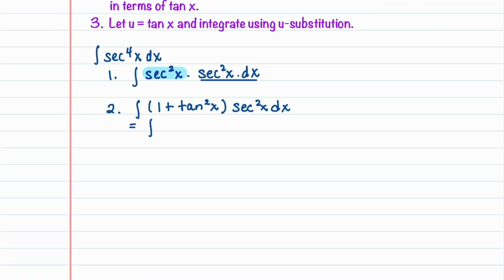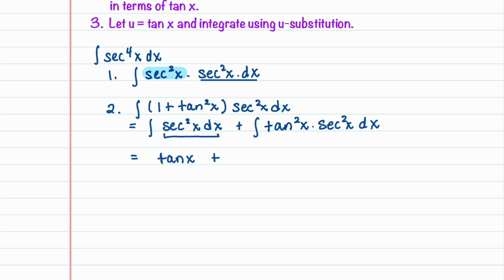Our first integral is secant squared x dx, and then our second integral is tangent squared x secant squared x dx. This first integral we can just write down because that's a formula that we know. The derivative of tangent is secant squared, so the integral of secant squared is just tangent x.